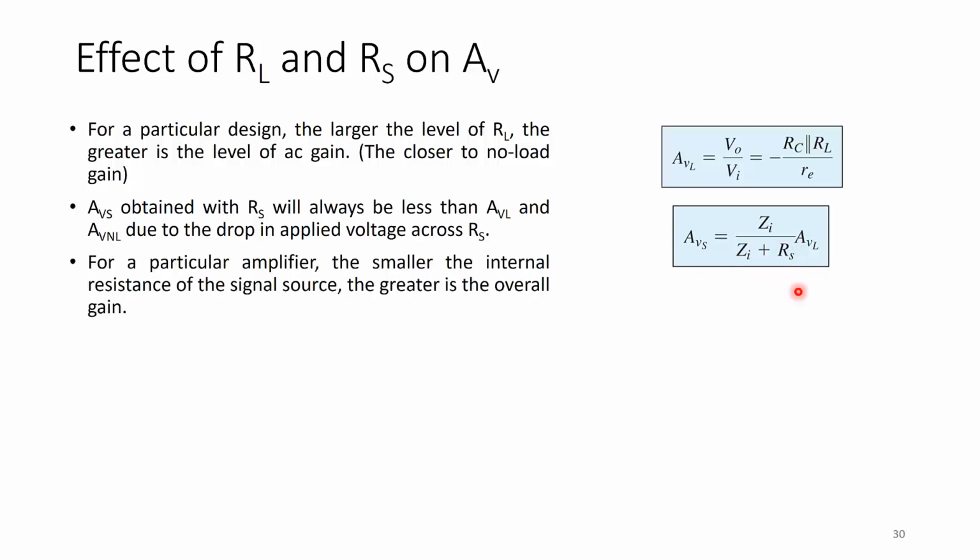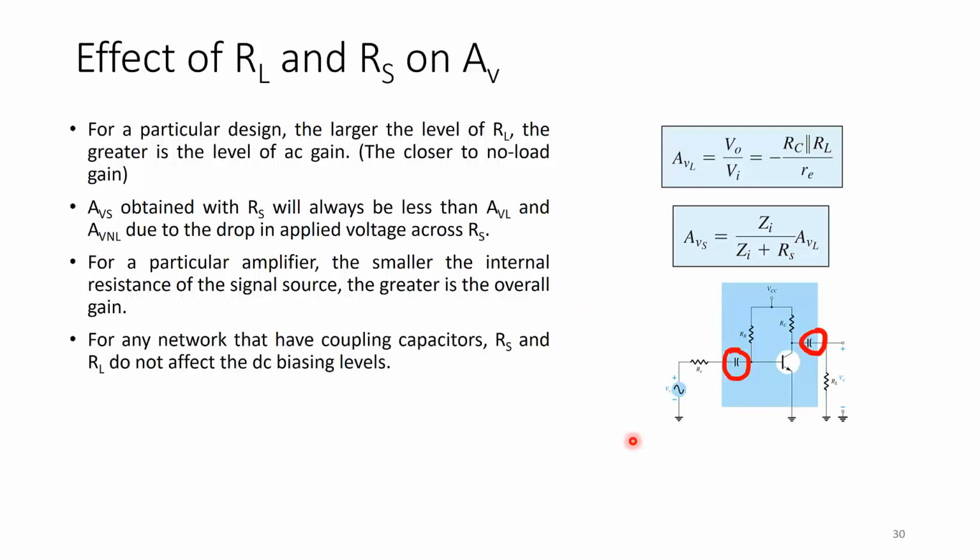And for a particular amplifier, the smaller the internal resistance of the signal source, the smaller RS is, that is better for the overall gain. So for a good gain of the amplifier, it is good to have small RS and big RL. Also, for any network that has coupling capacitors, RS and RL do not affect the DC biasing levels, because the coupling capacitor would have isolated the DC values before and after the amplifier.